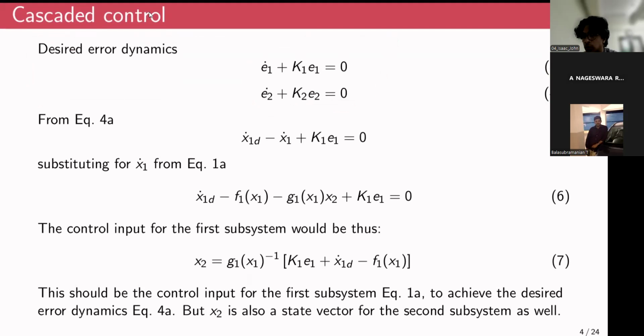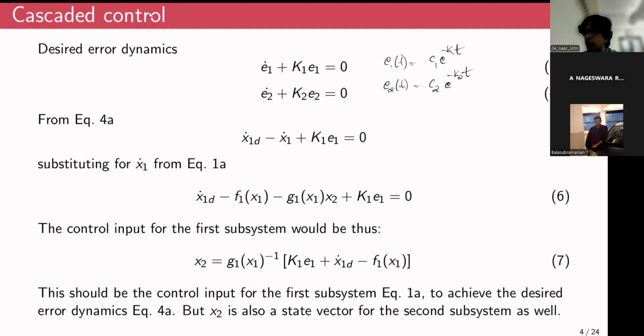So the general solution, or the homogeneous solution, would look something like this: E1 would be an arbitrary constant C1 multiplied by e raised to minus k1t, and E2 of t would also look like an arbitrary constant C2 multiplied by e raised to minus k2t. This is how we want our system to behave, because the response of the system would be like this.